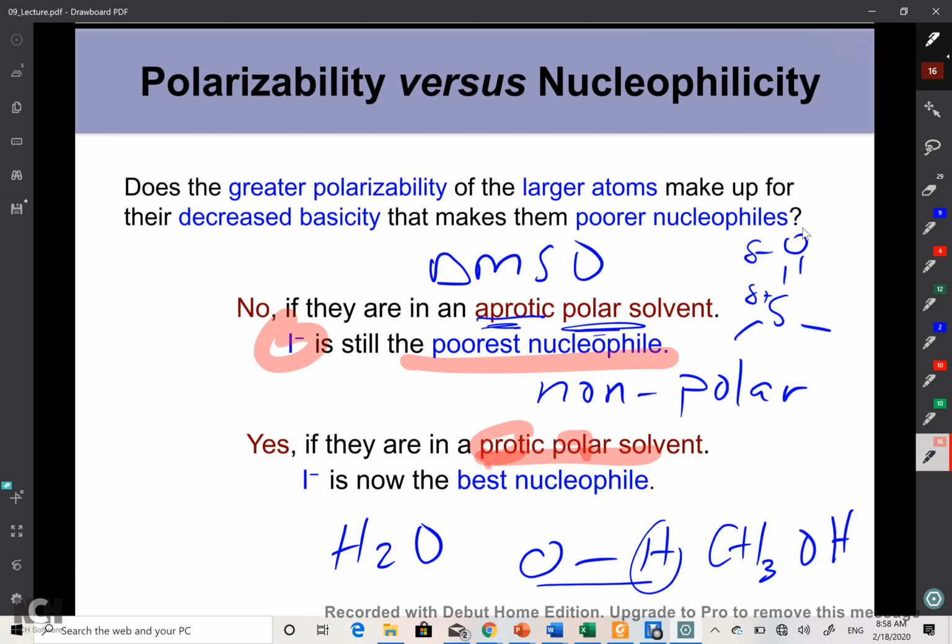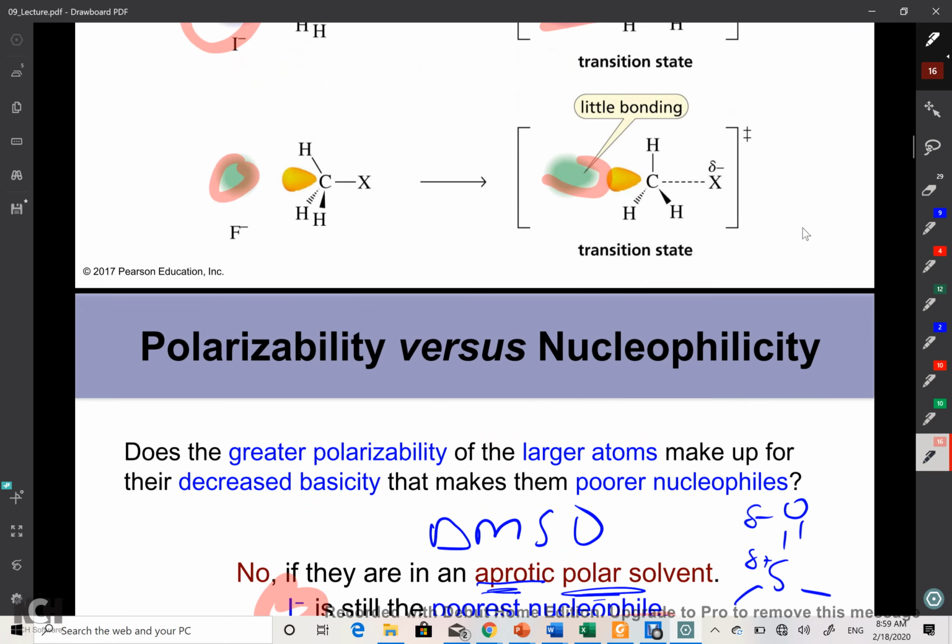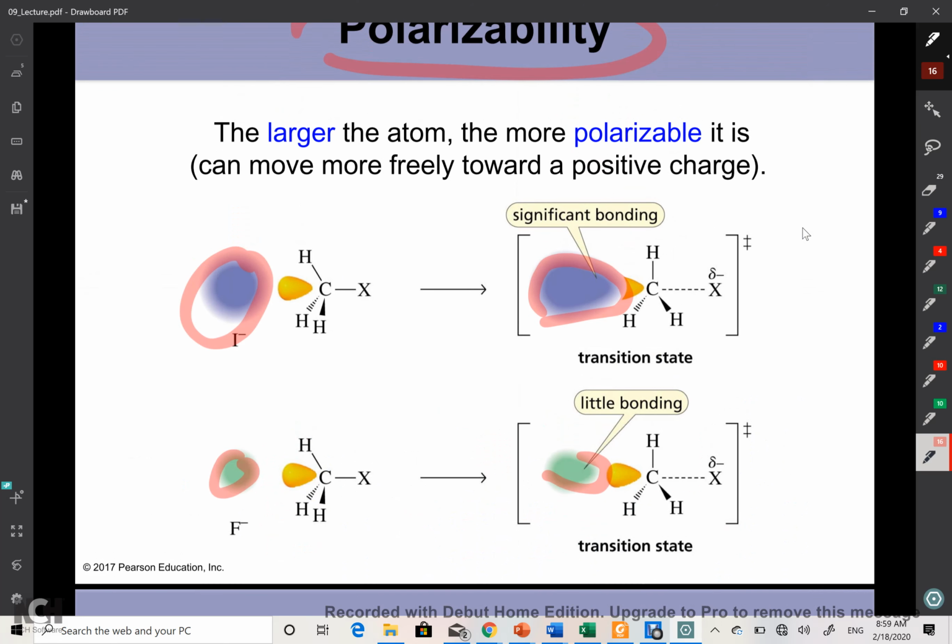Now, in a polar protic solvent, I minus is a good nucleophile, and we'll see why. Remember, we are making a comparison between F minus and I minus. And we say F minus will be a good nucleophile if the solvent is polar and aprotic.